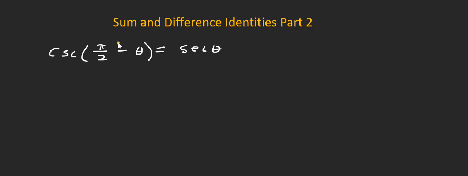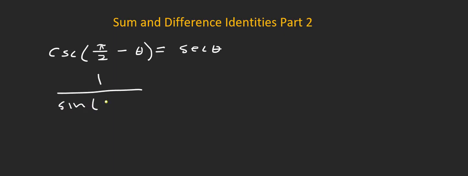Let's look at another example. We have cosecant of quantity pi over 2 minus theta equals secant theta. So let's prove these two sides are equal to each other. So you know that cosecant is the same thing as 1 over sine.